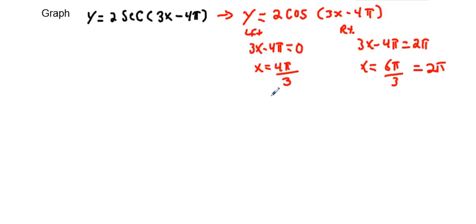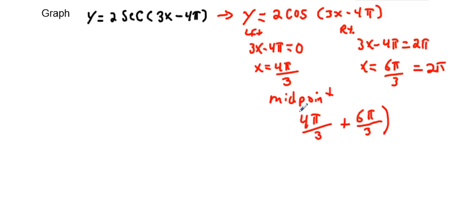Now we need our midpoint. Our midpoint, using the midpoint formula, says if I take my left endpoint, add it to my right endpoint, I'm going to use 6 pi over 3 because it's the same denominator as my right endpoint, and I divide them in half. Now because we have fractions, I'm not going to divide by 2.